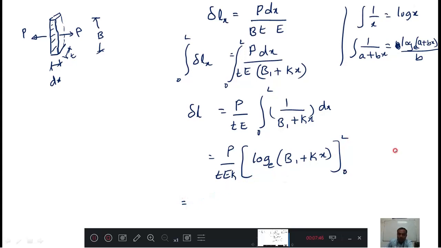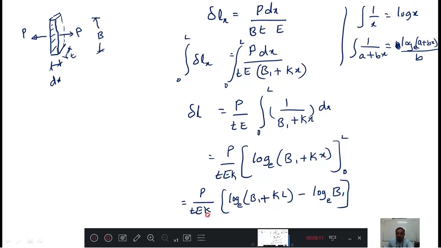Then if I substitute here, it becomes P by TEK into log base e of B1 plus KL, minus log base e of B1, as x equals 0. Now that B1 plus KL I can write as B1 plus, what is K?